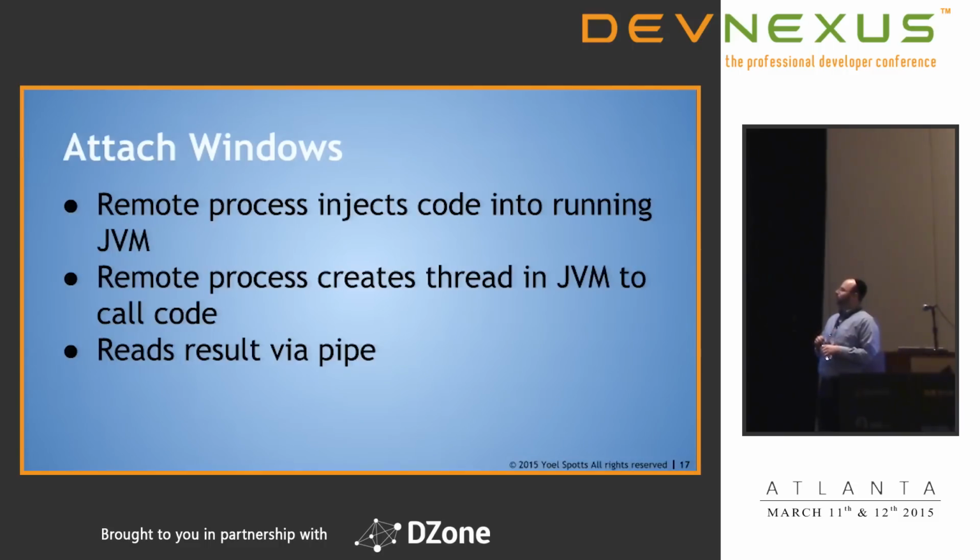And then it'll create a thread in the JVM in order to call the code that you're requesting. Finally, it reads the result via a pipe. So this is rather intrusive, but again, the good news is you don't have to know any of the details of the underlying mechanisms for how this works. All you know is that you're given a nice connection to the running JVM on the local machine.